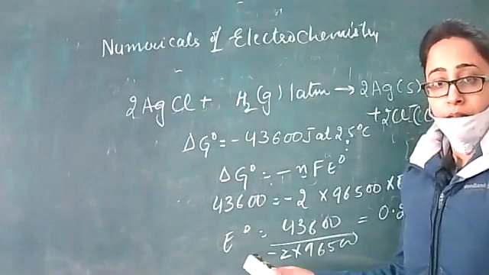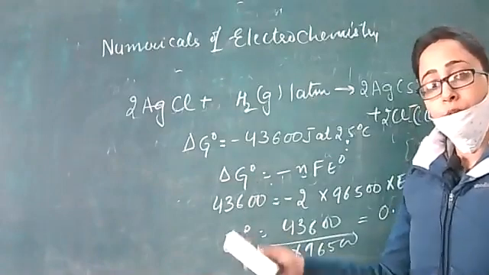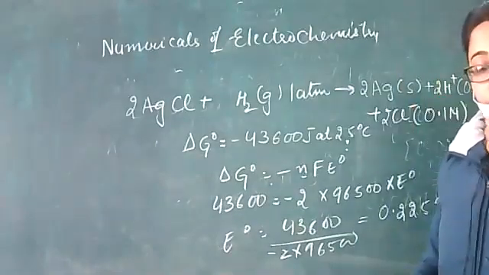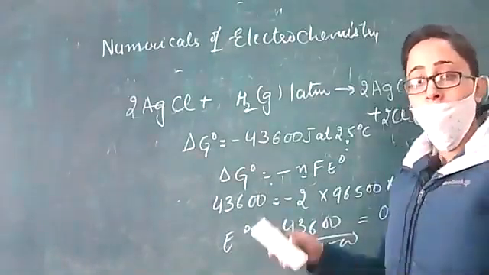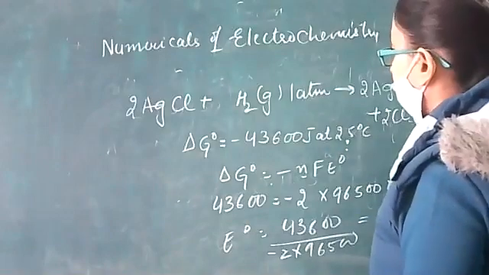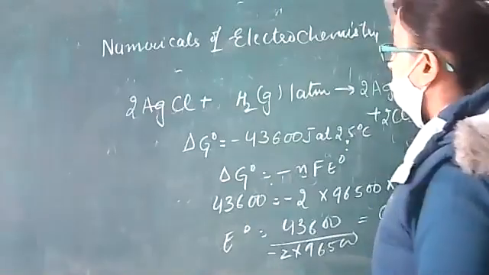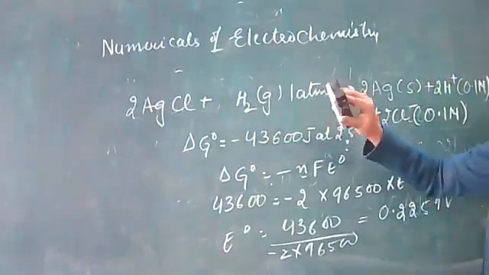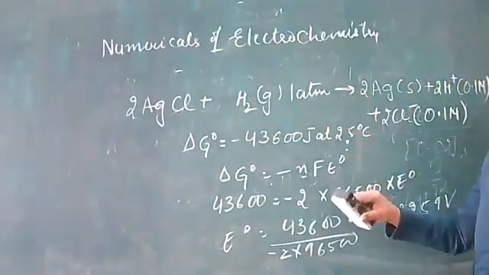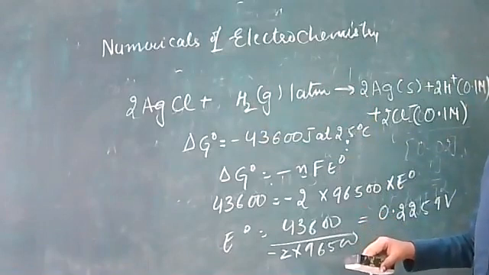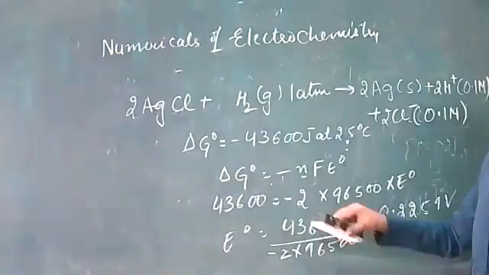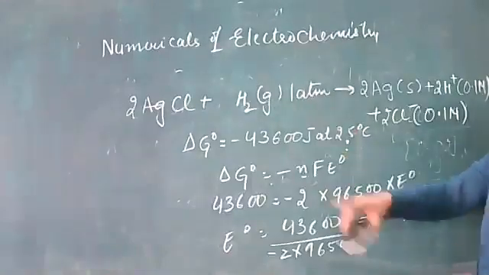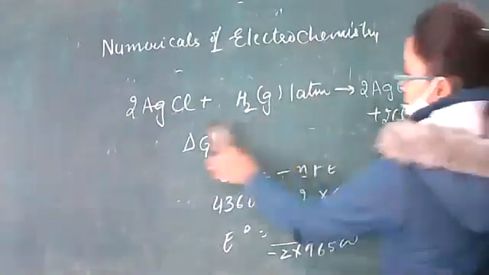Again E cell will be equal to E naught minus 0.0591 divided by n log of the concentration of the product over the concentration of the reactant. Here the concentration is given as 1, so we don't need to write anything there. So let us find E cell.